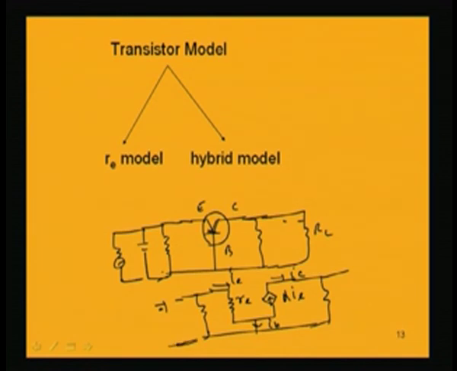So, now from this circuit we have conveniently represented this transistor which is replaced by this model. Actually, this part we have derived today. So, we will be now incorporating this in the whole circuit, find out the parameters of the overall amplifier, that we are going to do next.